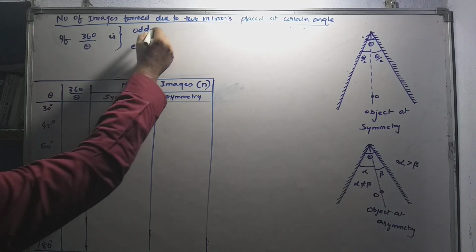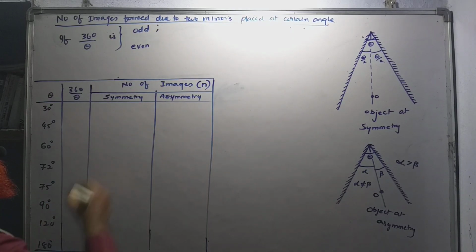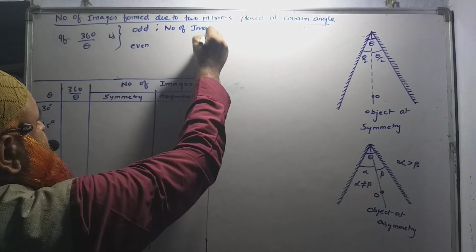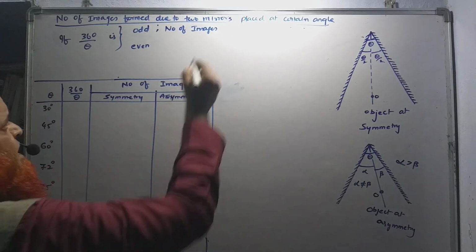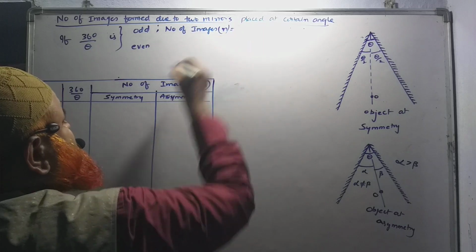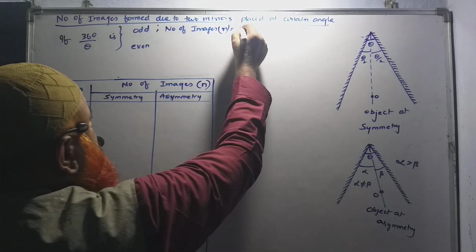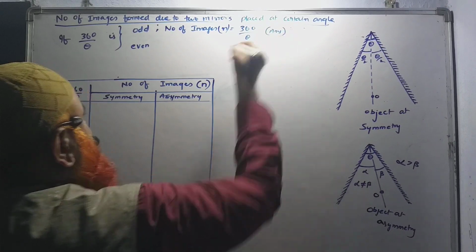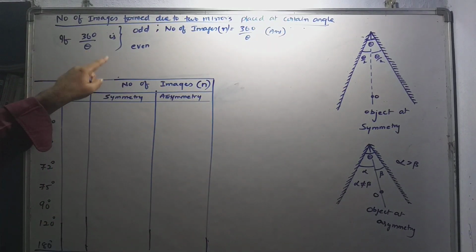If 360 by theta is odd, then the number of images is going to be equal to 360 by theta, which is the direct answer here.